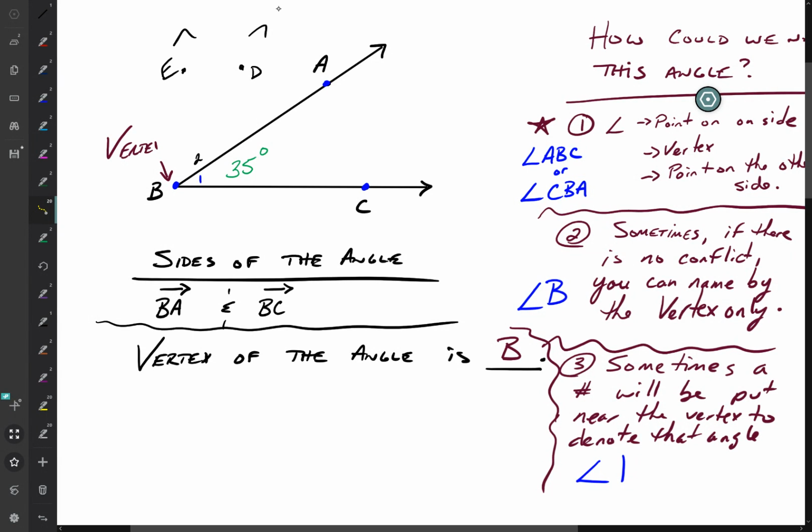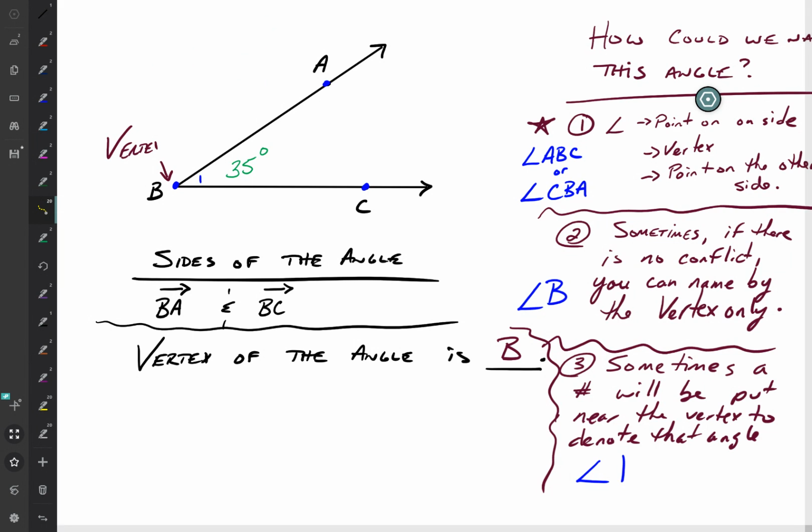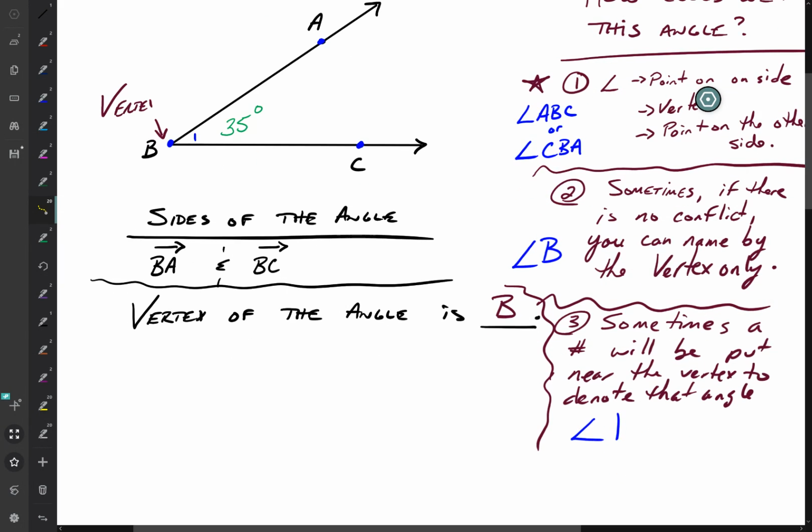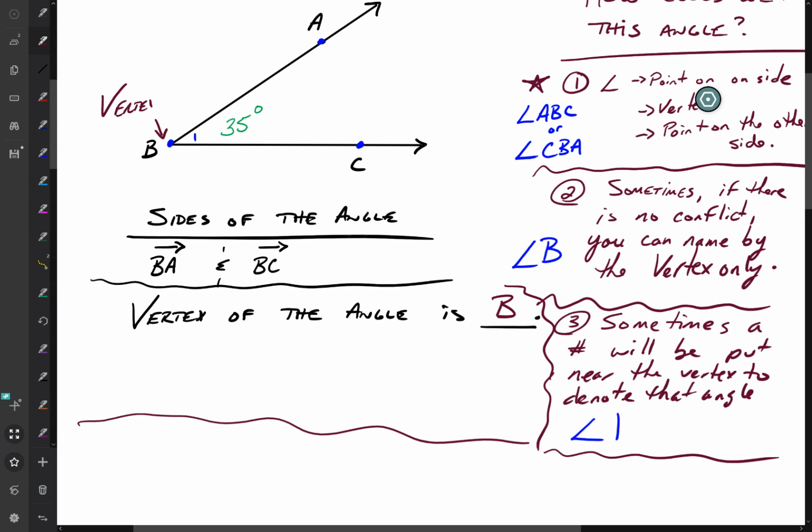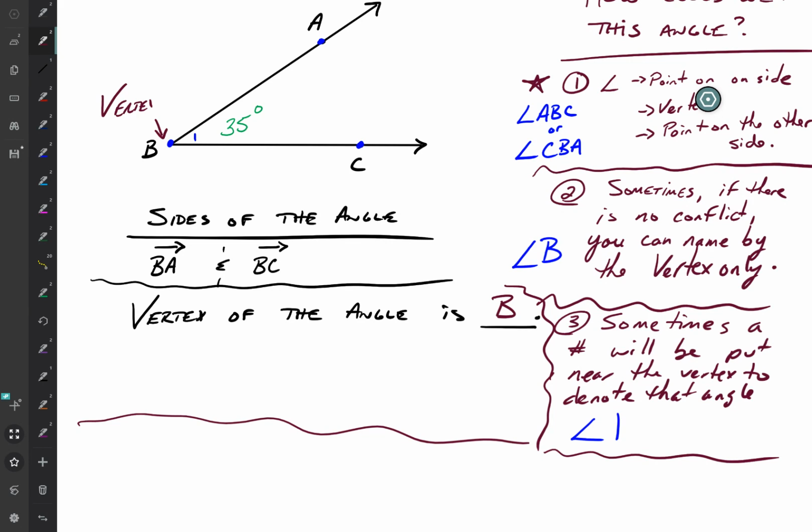There we go. Any questions? I know that seems like I'm spending a lot of time on not very much, but like I've told you guys over and over again, naming these angles is sometimes the hardest thing.